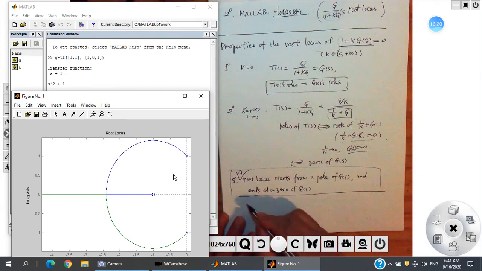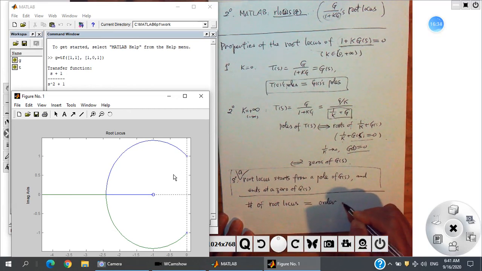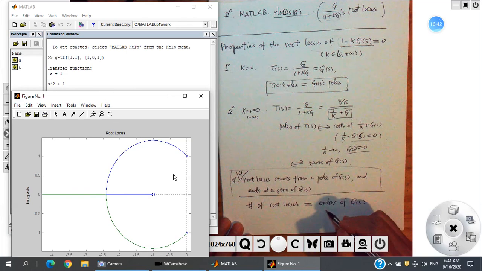Then we see that the number of root loci equals the order of g of s. Actually, this is the same as the order of t of s.